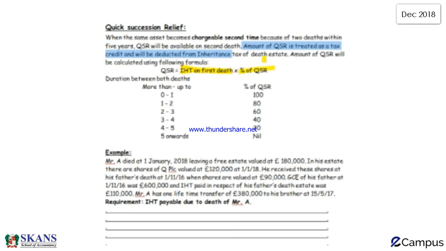The percentage of QSR would depend upon the duration between the two deaths.